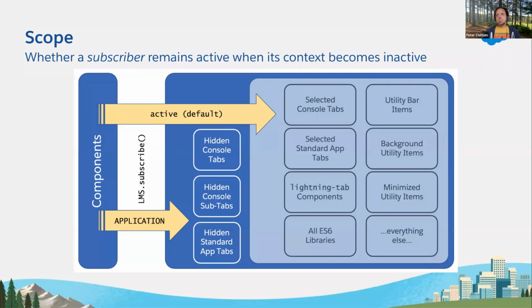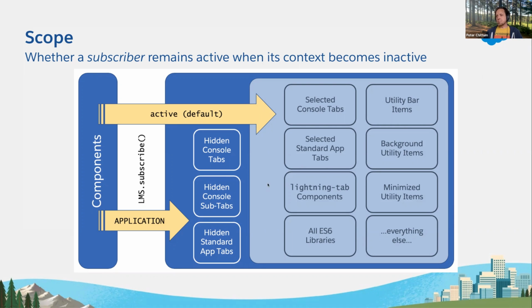One important thing to specify is that there are only a few things that are affected by active scope. And that's essentially these three things right here: hidden console tabs, hidden console subtabs, and hidden standard app tabs, right? So anything that's a console tab or a standard application tab is affected by the scope that you choose.